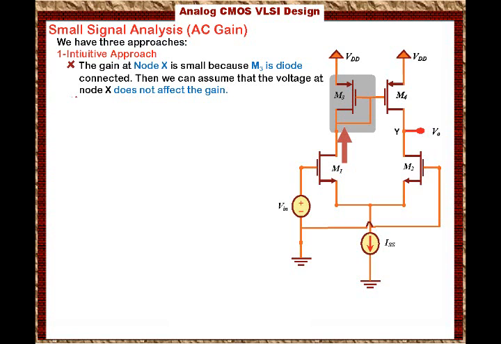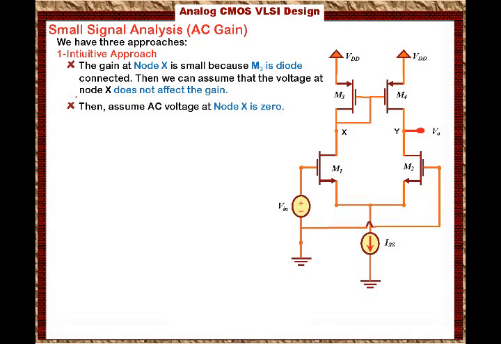We say that approximately the output resistance looking into this diode is 1 over gm3, which is very small. So the gain is basically the transconductance times the output resistance, but the output resistance is very small, then AC gain is very small at node X. So at node X, the small signal is very small. We assume the AC voltage at node X is 0.